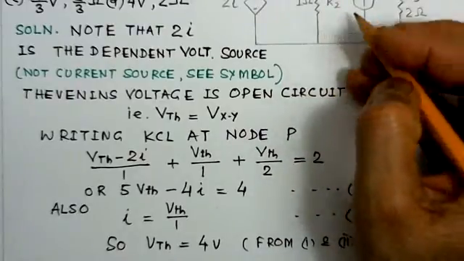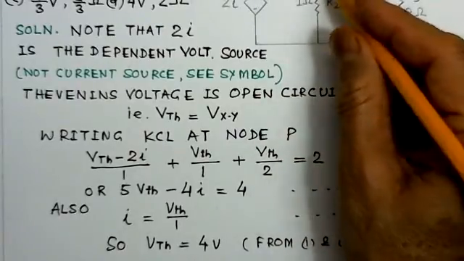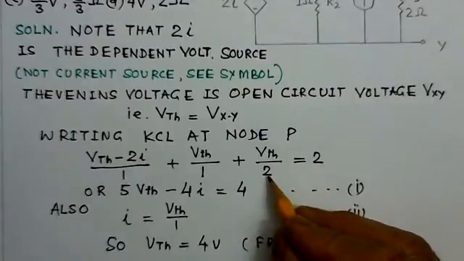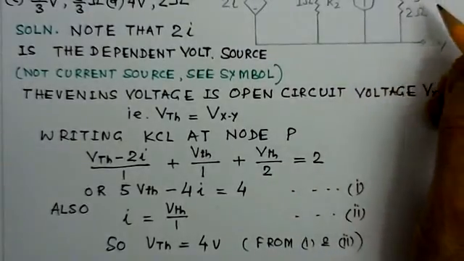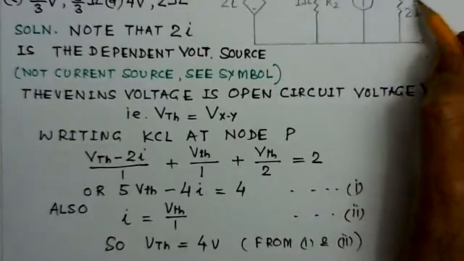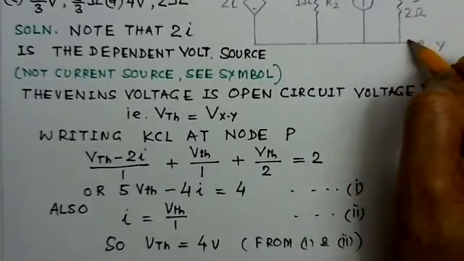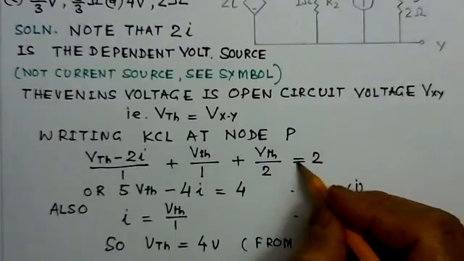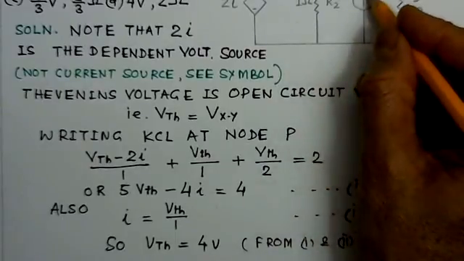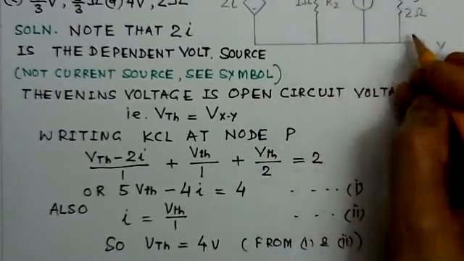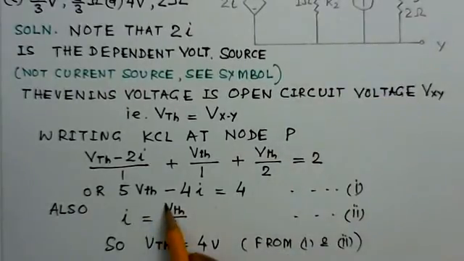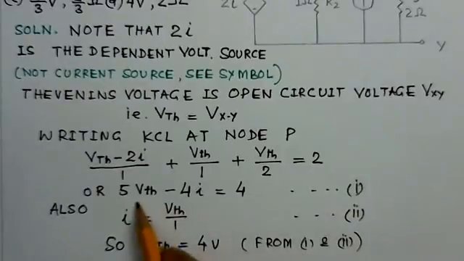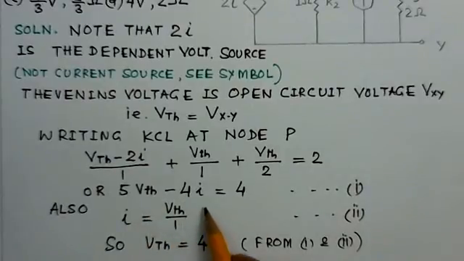Now Vthevenin over 1 ohm here, this is the current I, and then again Vthevenin over 2 ohms here, because of this 2 ohm resistor, this is equal to 2. So this current is going into the node, so its direction is different. If you solve this equation, Thevenin's voltage minus 4I is equal to 4.